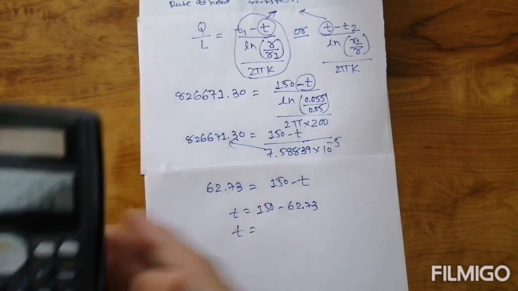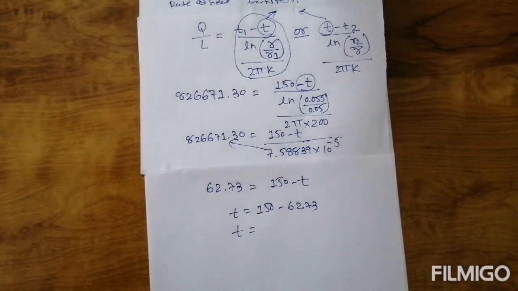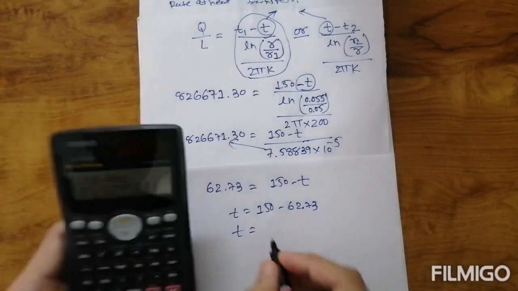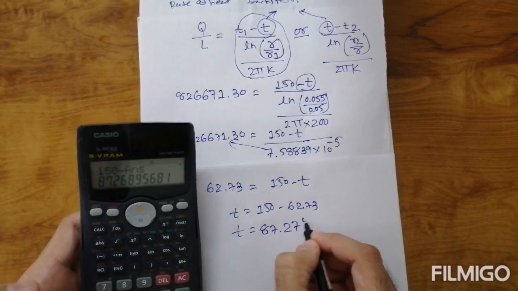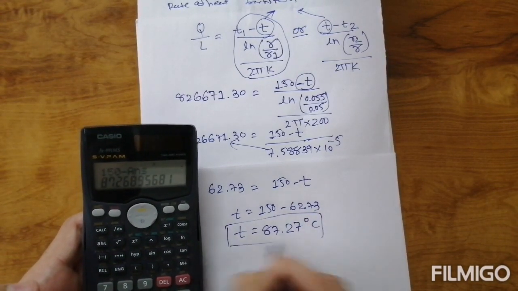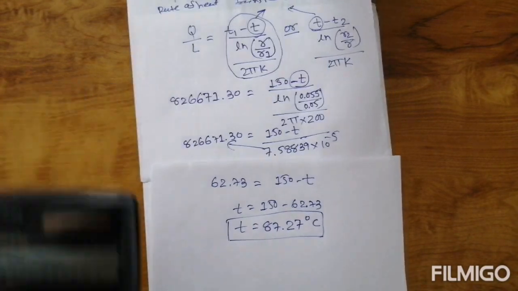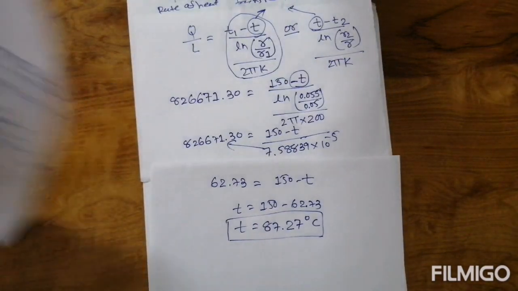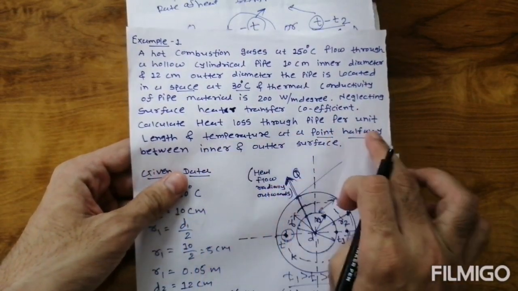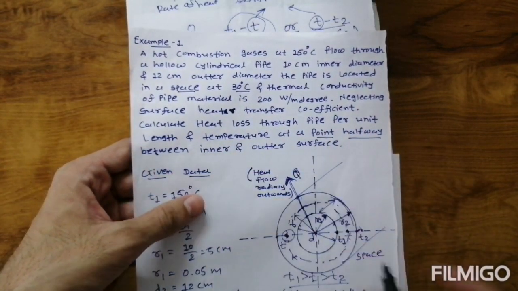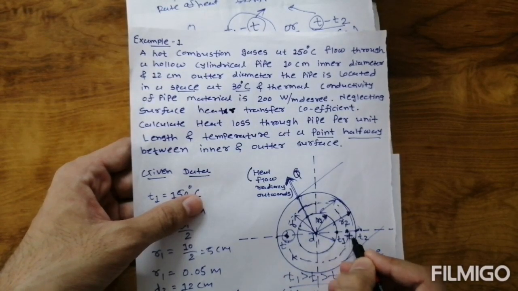So T is 87.27 degrees Celsius. Our target was to determine the temperature at the point halfway between the inner and outer surfaces. So we can say that our temperature T is how much?